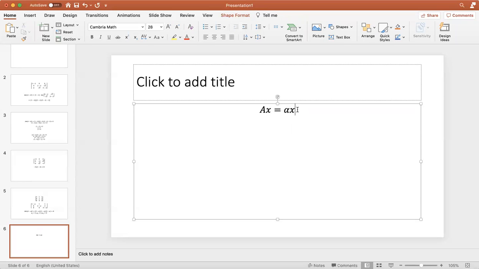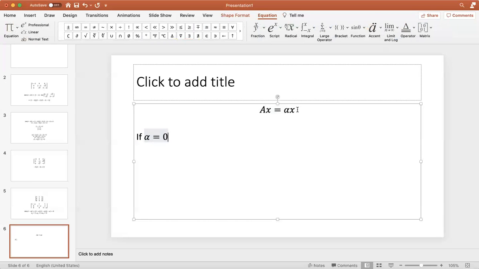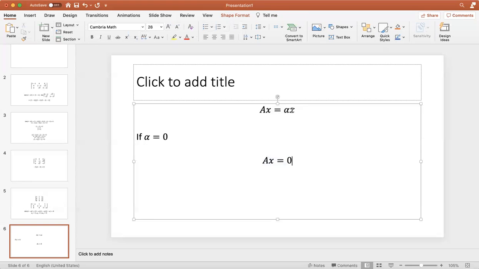Now, if alpha is 0, then we have Ax equals 0. That's correct, right? Since if alpha is 0, then the right-hand term would be equal to 0 when you multiply it with the vector.